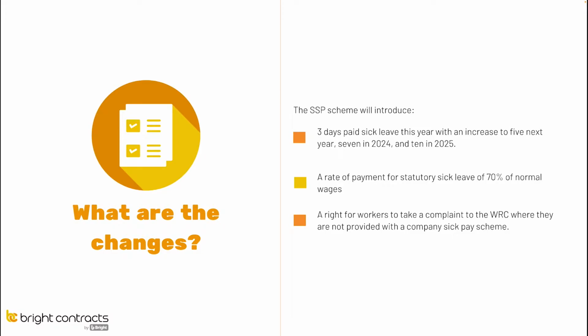Now, there are a few specifications in order to be entitled to be paid sick leave under the scheme. These include that an employee must have 13 weeks of continuous service with their employer, and those who are eligible for the scheme will be required to produce a medical certificate in respect of each day of statutory sick leave.